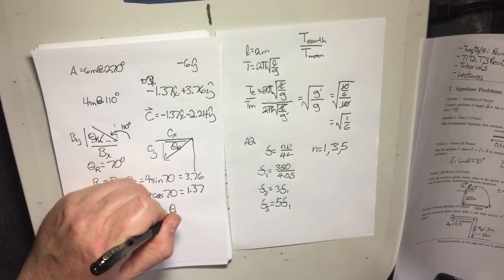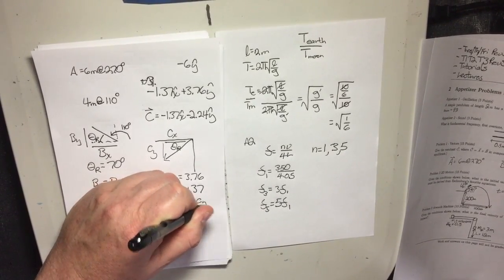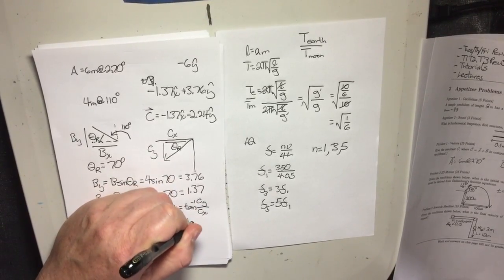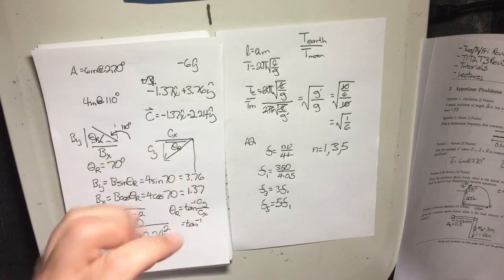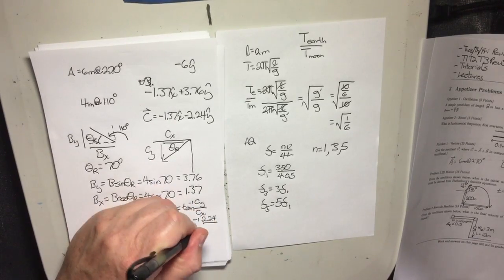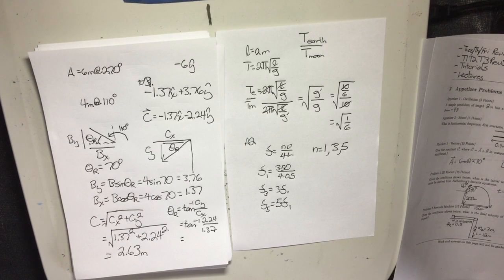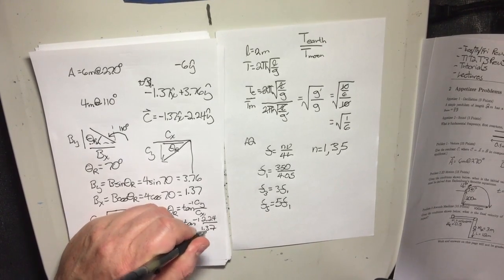Theta r is your reference angle. It is always the inverse tan of Cy over Cx. Inverse tan of Cy, we're only using magnitudes. Cy is 2.24 and Cx is 1.37. 58.5 degrees.